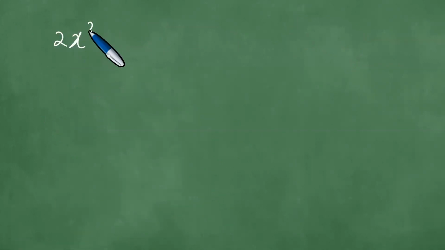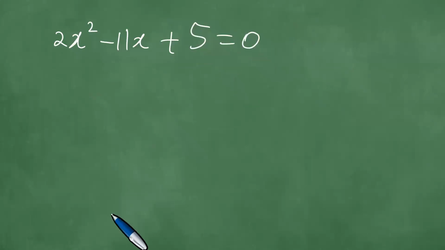So you have 2x squared minus 11x plus 5 equals 0. Okay, to factorize this, you can use the quadratic formula, yes, but we can use other methods as well. So we can use a couple of other methods to actually solve these. So we note that, what do we do here now?